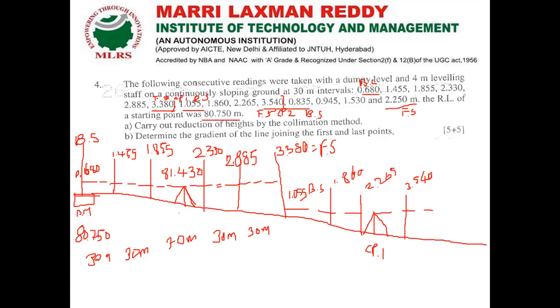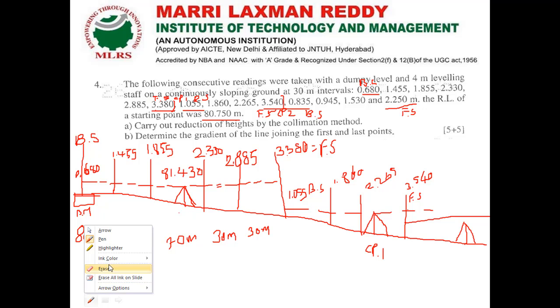This is our last reading, so it is the foresight reading. After that the reading changed to 0.835, so again the instrument was shifted. After doing all the initial adjustments, we write the reading here.